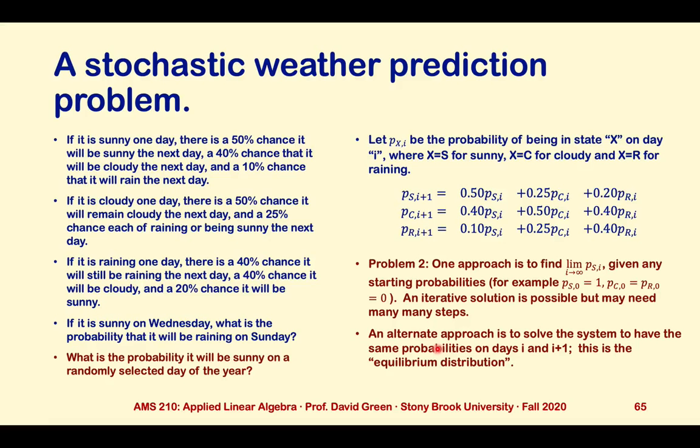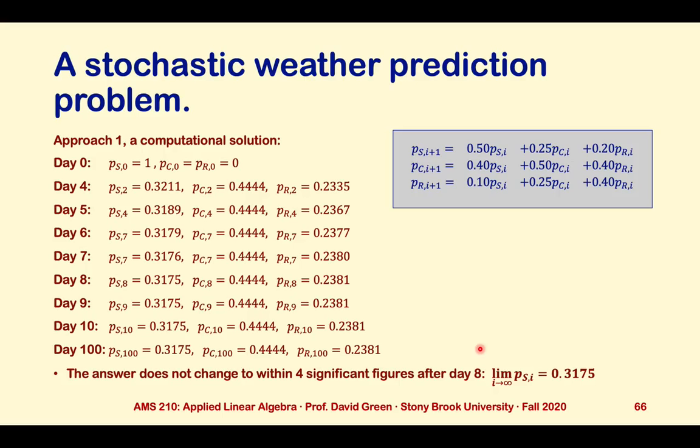So perhaps we can phrase this as, how do we find a set of probabilities such that the probabilities on one day are exactly the same as the probabilities on the next day? This is what we might call an equilibrium distribution: a distribution that, if we are in these probabilities, doesn't change anymore. And that's a second way to solve that problem.